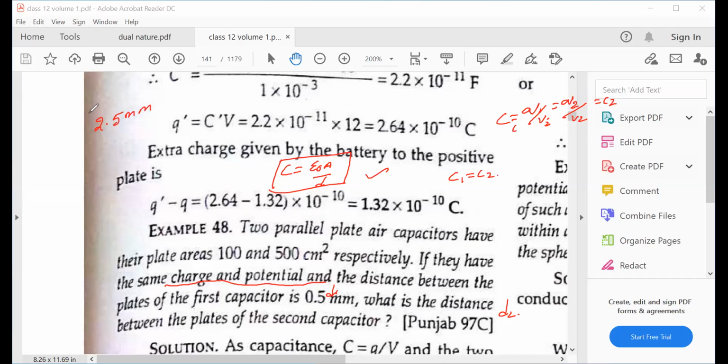Please check it. 25 centimeter? 25 centimeters correct, or 2.5 millimeter? Sorry, wrong. 25 centimeters is also wrong.